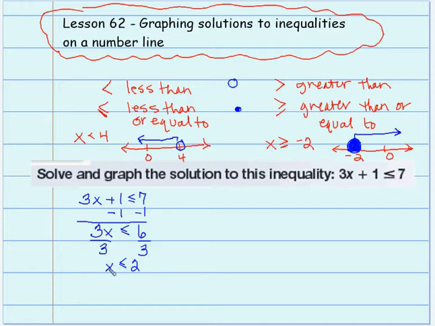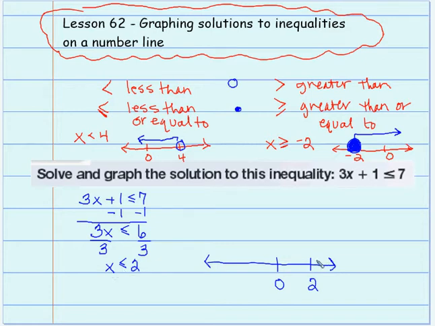It's all values of x that are less than or equal to 2. So we're going to draw a number line. Again, we can use a 0 as a point of reference and put the value 2. Now, x has to be less than or equal to 2.